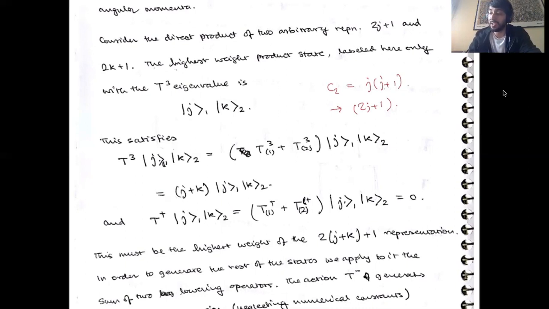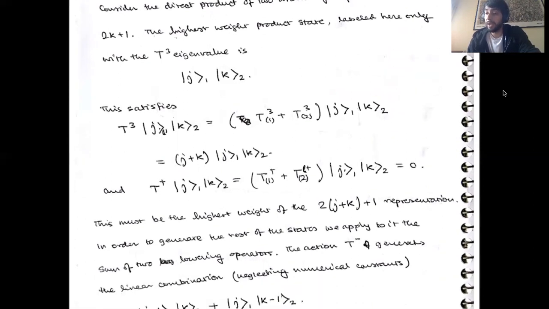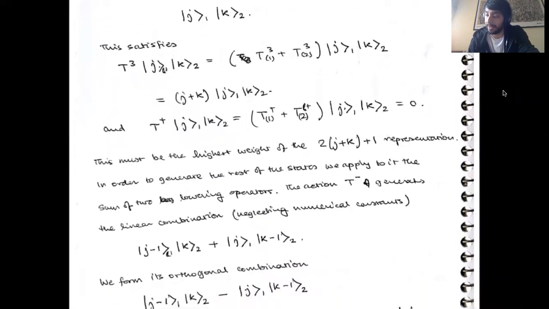Now here, J has been replaced by J plus K. So the product is going to give us a representation which is 2(J plus K) plus 1 dimensional.